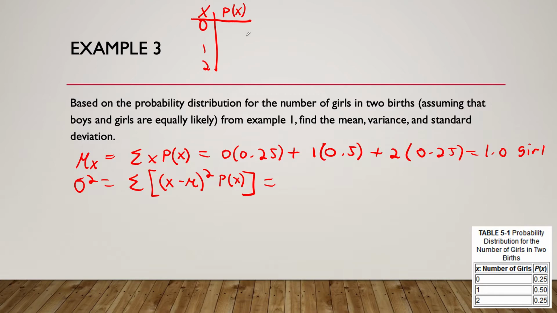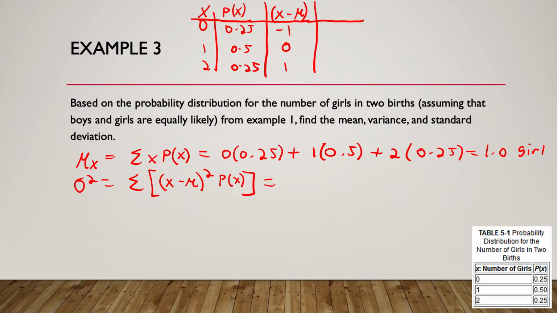Each value of the probability was 0.25, 0.5, and 0.25. If we take the value of the random variable minus the mean, 0 minus 1 is negative 1. 1 minus 1 is 0. And 2 minus 1 is 1.